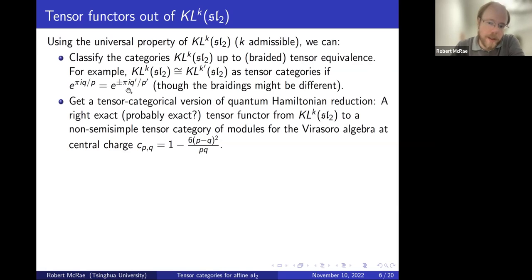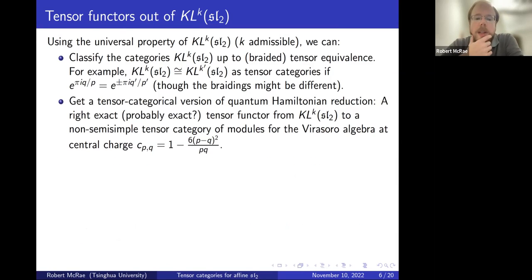So you have a functor which sends W_{k,1} to W_{k',1}, and you also have another functor going the other way, so these categories are going to be equivalent. Although the braidings could be different, we can calculate the braidings explicitly and determine whether this is a braided equivalence, a braid-reversed equivalence, or something different.